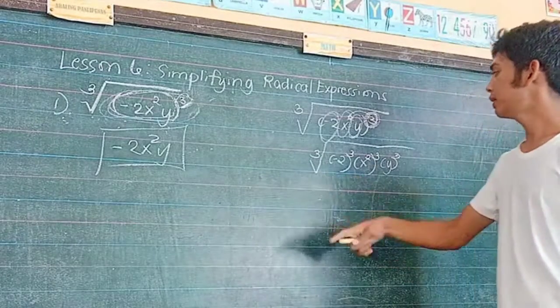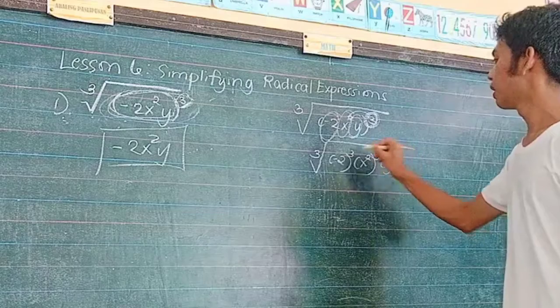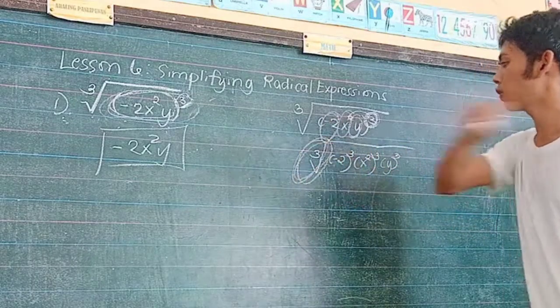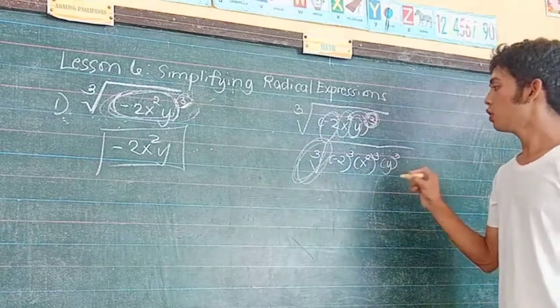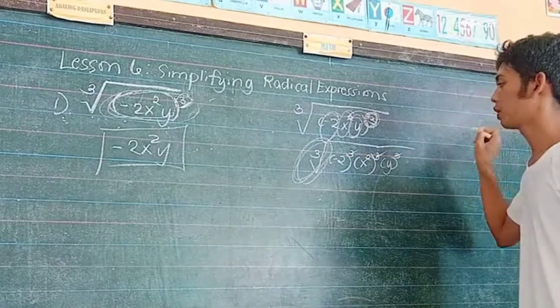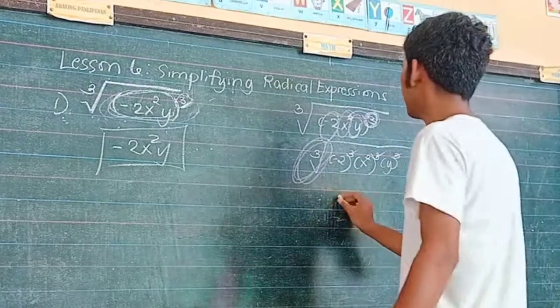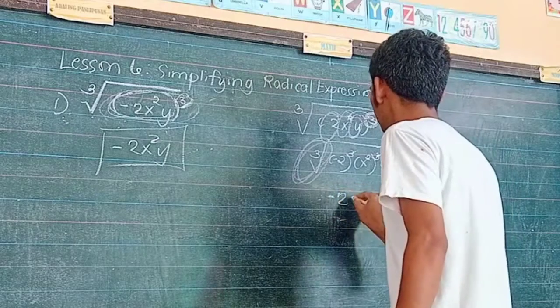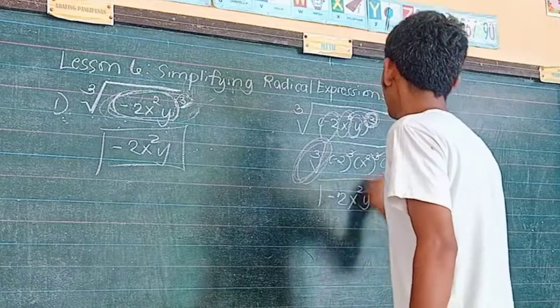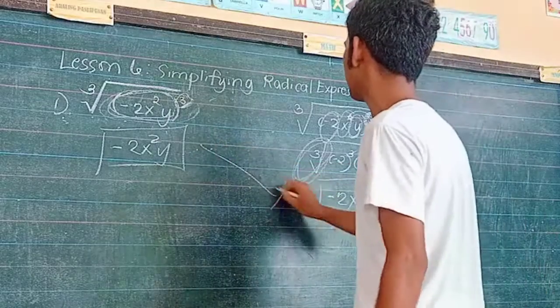So since cube man sila tanan, cube root na atong radical, so makancel na siya. Cancel. So the final answer would be negative 2x squared y. Same pa sila, di ba?